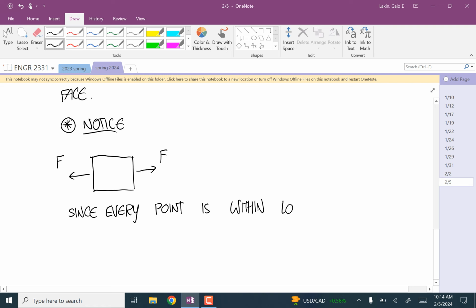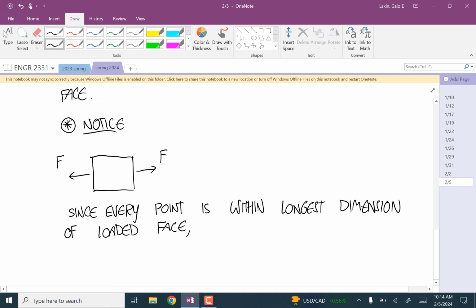So since every point is within the longest dimension of the loaded face, there's going to be weird, complicated stresses all through this material, and there's nothing we can do about it.